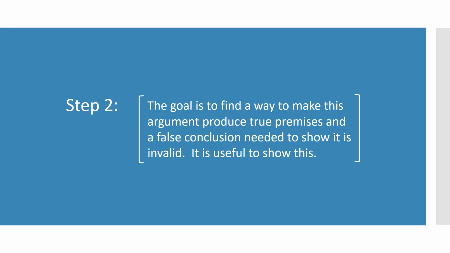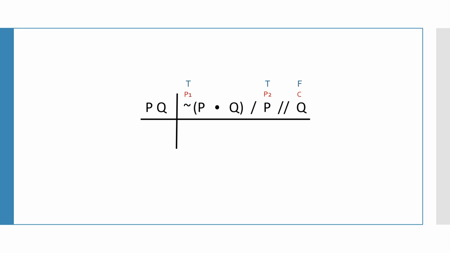So our next step is to realize that the goal we are aiming for is to do everything in our power to find a way to make this argument produce the result that all of the premises are true and the conclusion is false. And if in fact we can show this, then we know it must be an invalid argument. So notice our goal.